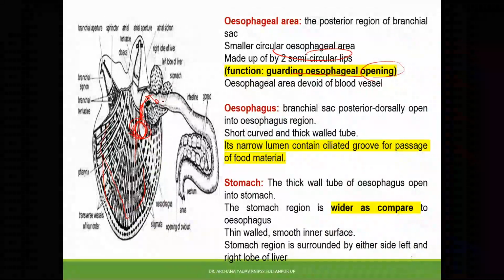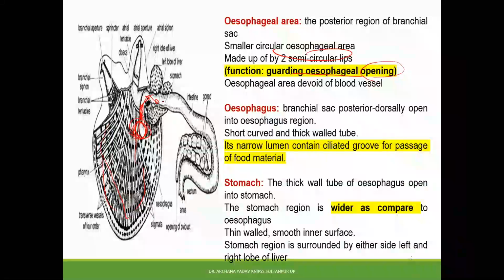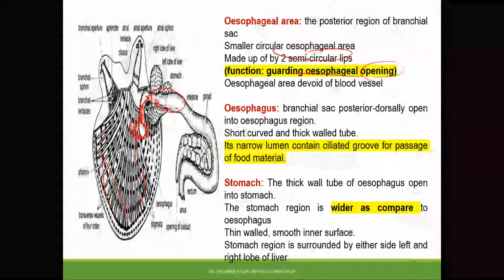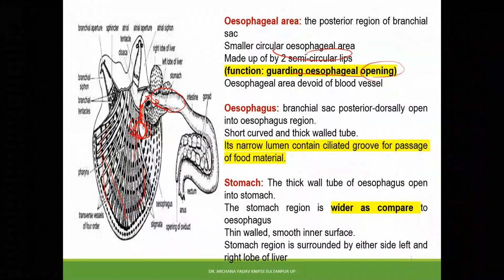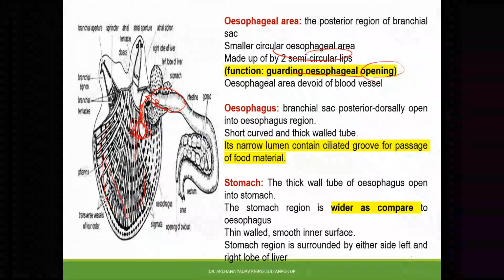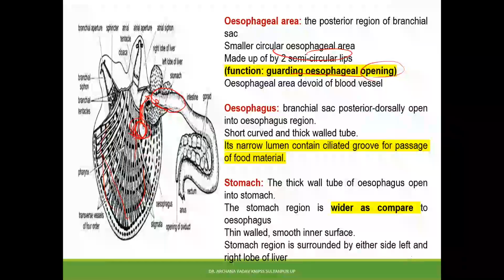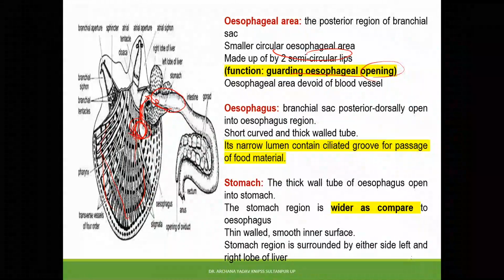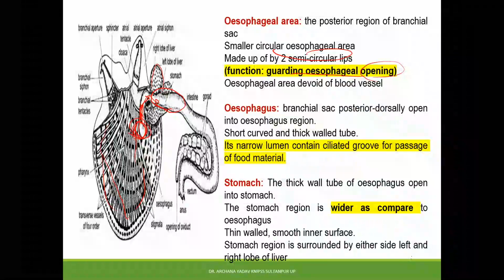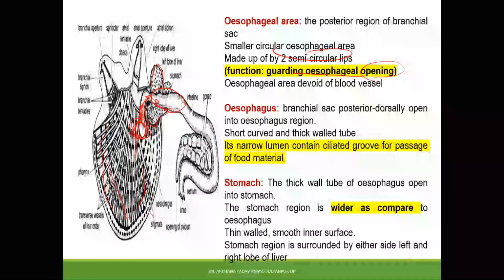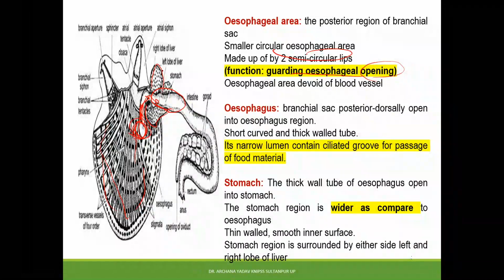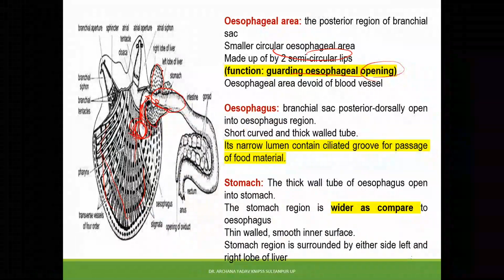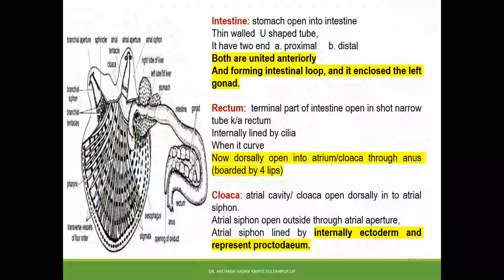The stomach wall is thicker compared to the esophagus, and the stomach region is wider as compared to the esophagus. Its inner wall is smooth and it is surrounded on either side by the left lobe and right lobe of the liver. The left lobe of the liver is large in size.